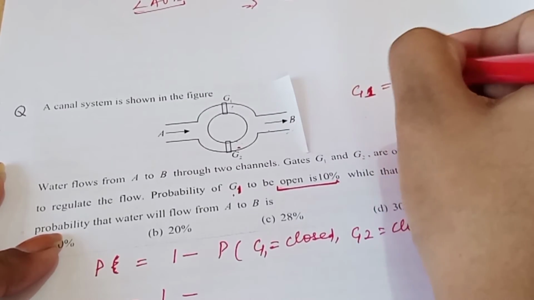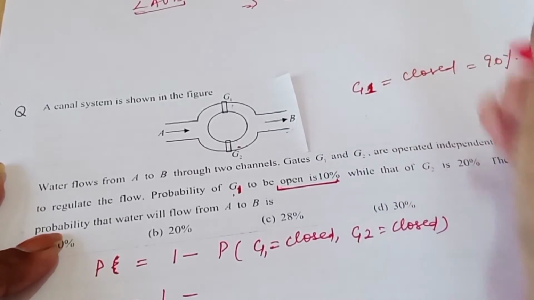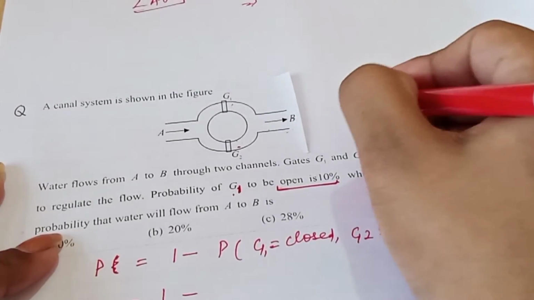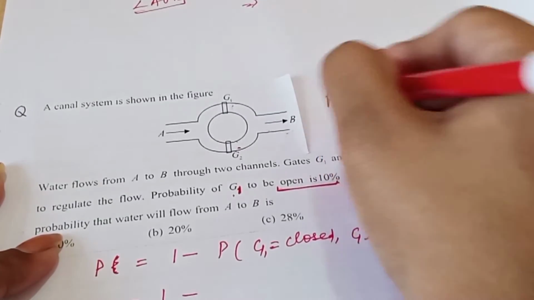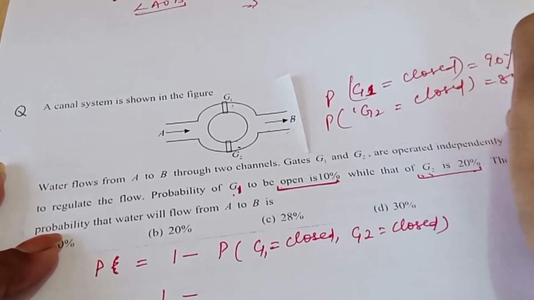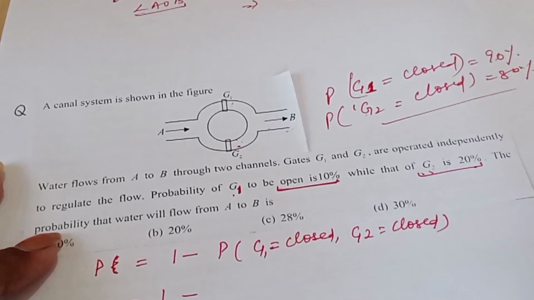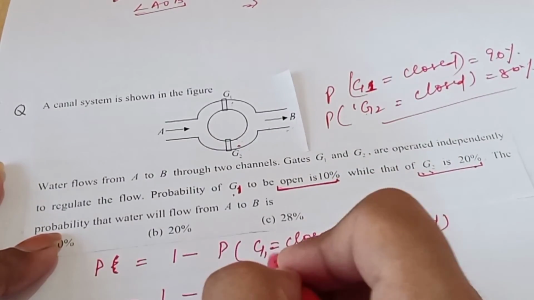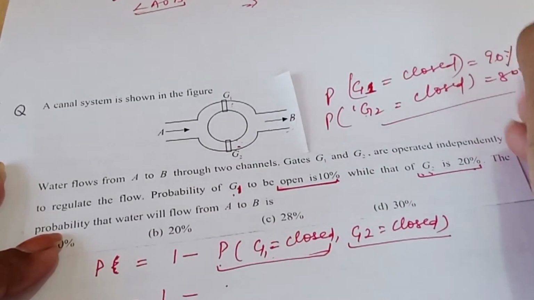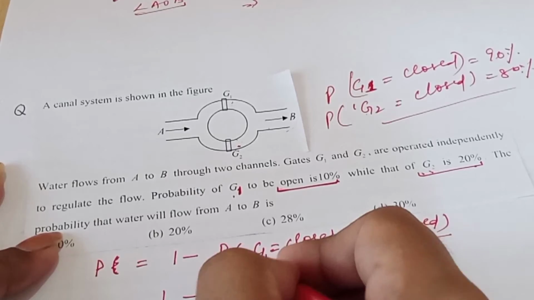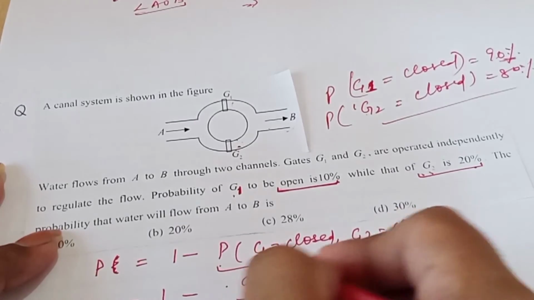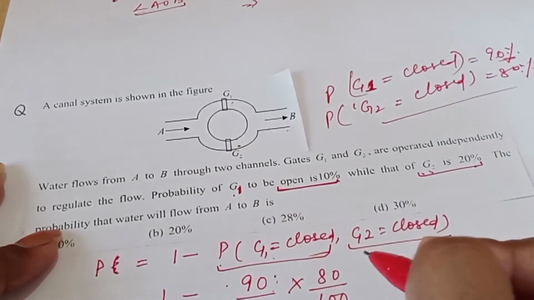As we know, the probability of G1 to be open is 10%, so the probability of G1 to be closed is 90%. The probability of G2 to be open is 20%, so the probability of G2 to be closed is 80%. Here we will take the probability of both gates closed. It means 90 upon 100 multiplied by 80 percent.